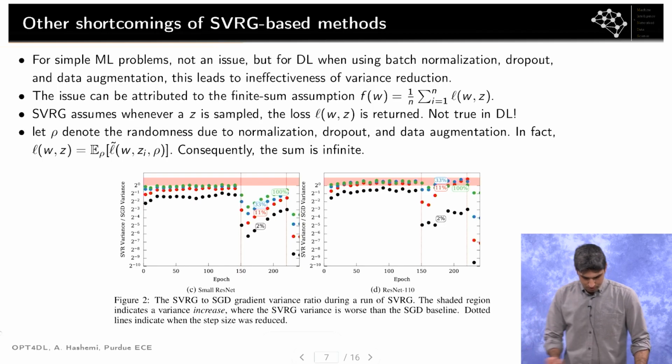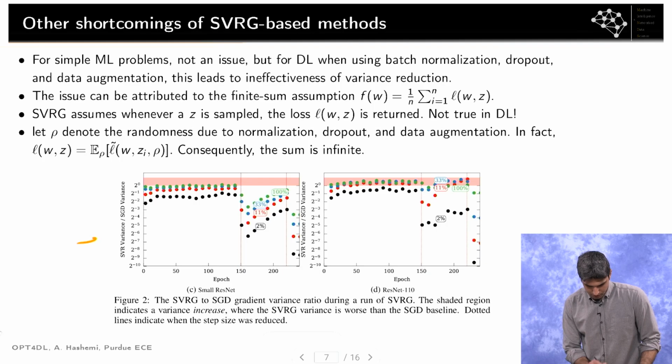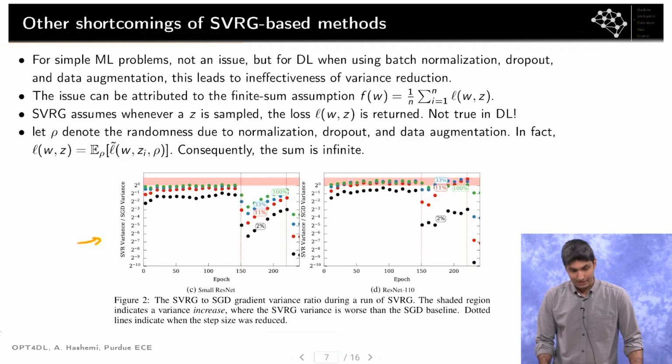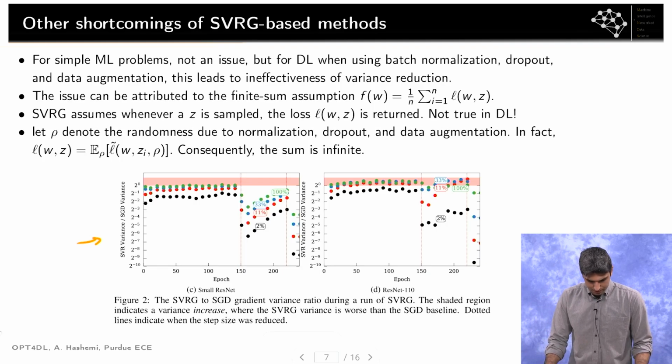Okay? So this is a plot that I'm showing from one of the suggested reading materials, which shows the ratio of the variance of SVRG and the variance of stochastic gradient descent, calculated using different portions of the data, for instance, 2%, 11%, 33%, etc. But those numbers don't matter as much.